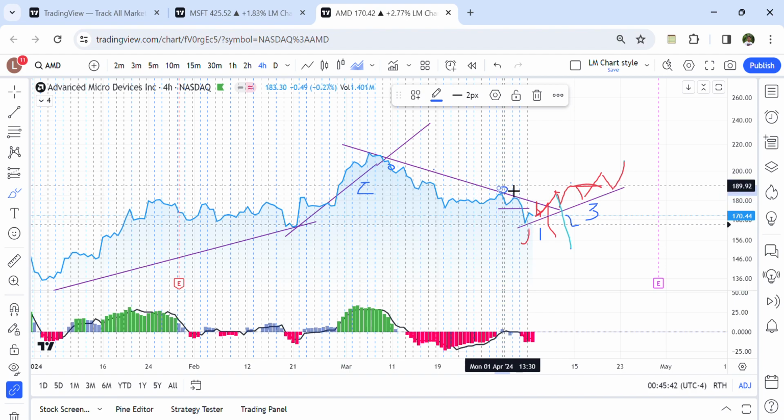Okay, this one is a sure short entry on AMD, because this is the third touch of the trend line, and this is a put entry, means a short entry, and the price would have been 183.89.